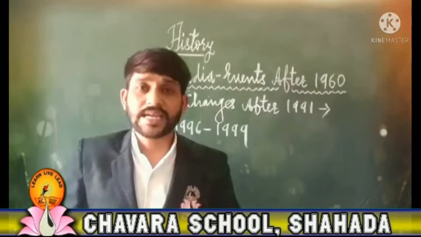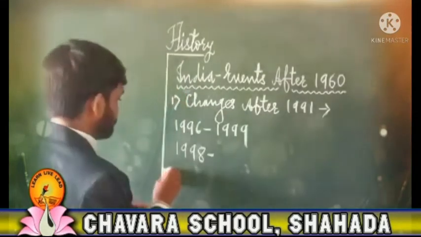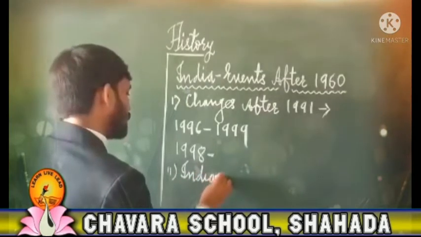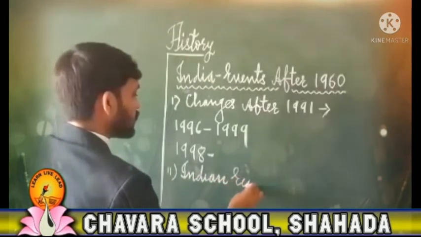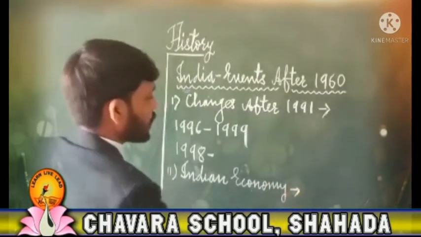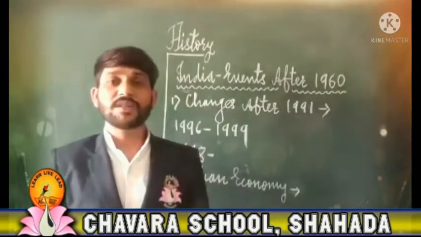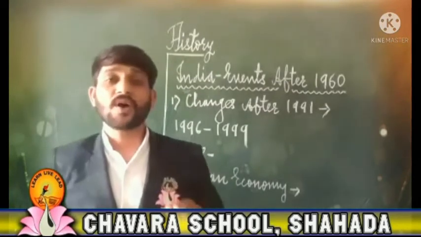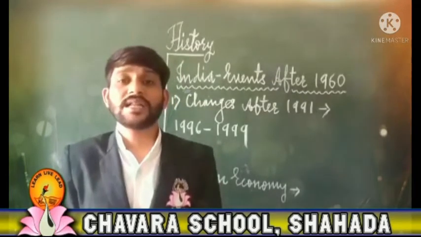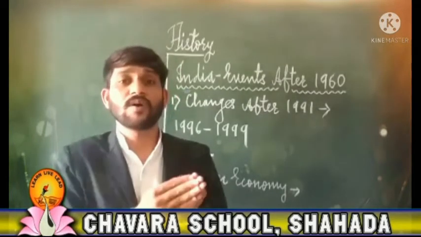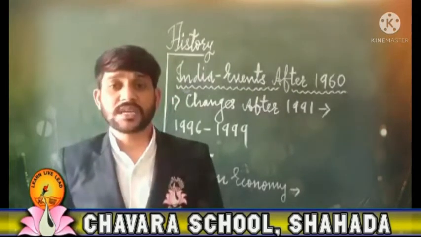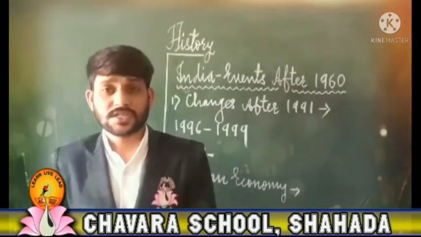The next point is the Indian economy. When we look at the Indian economy, right from independence, the country had aimed at the modernization of our economy as well as economic self-sufficiency with social justice.